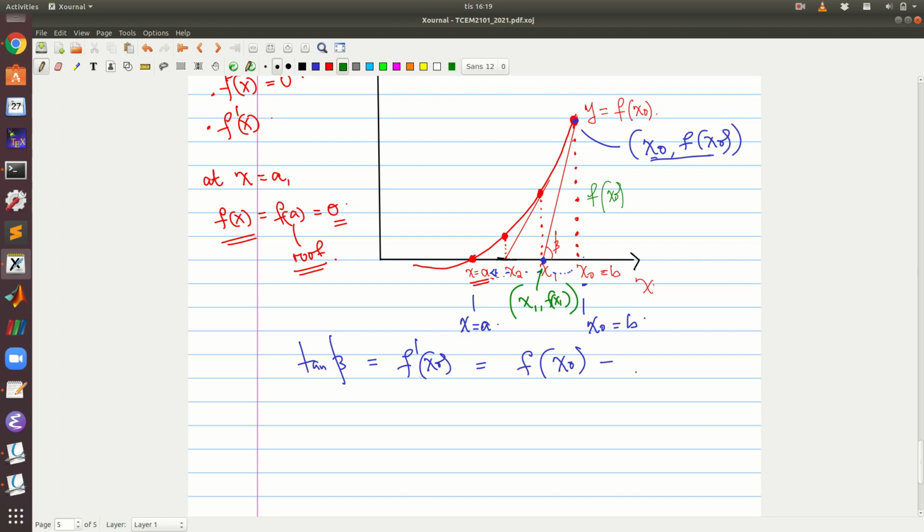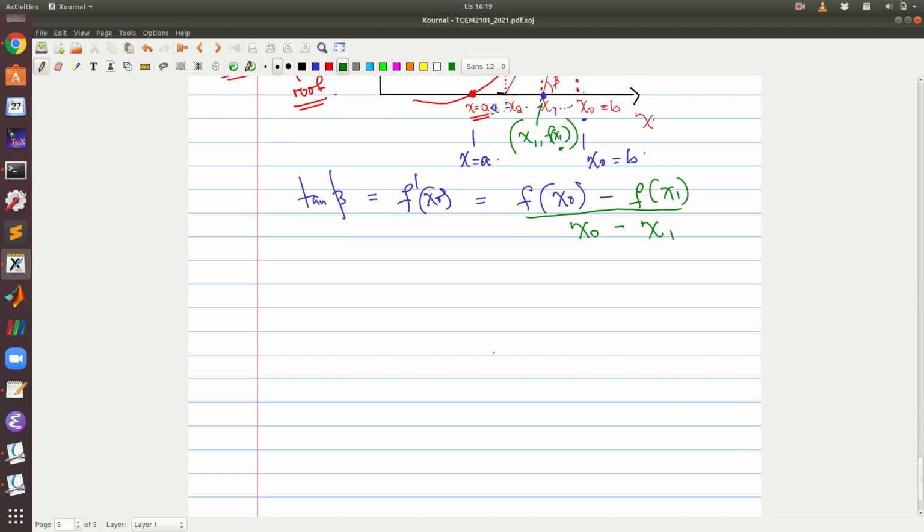So the change in the vertical axis, which is f of x naught minus f of x1, divided by the change in the horizontal, which is x naught minus x1. Good.